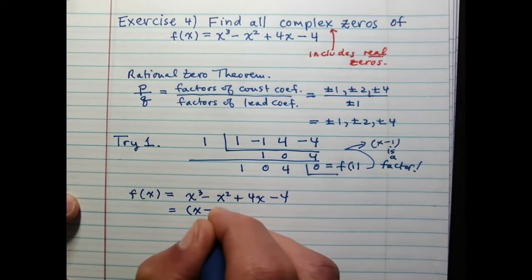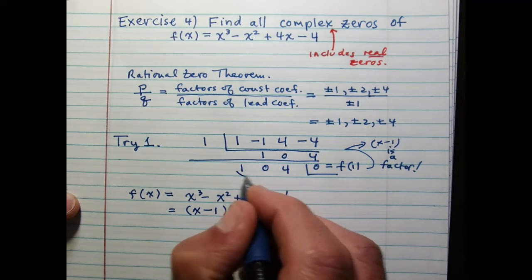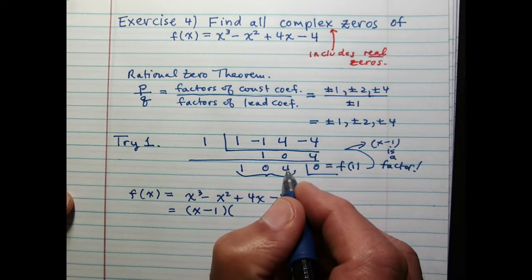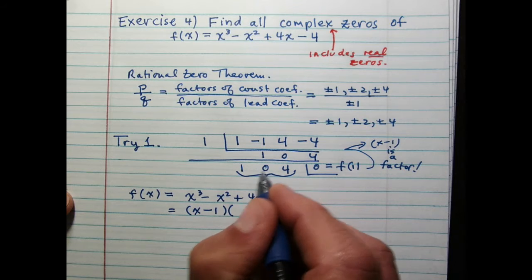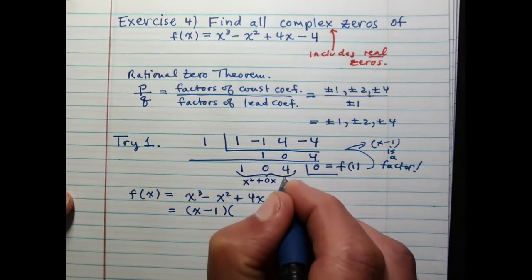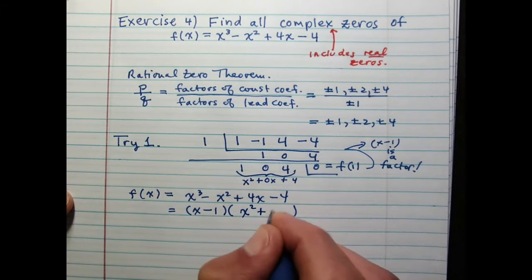And we know it factors into x minus 1 times the quotient that we got when we divided. So we have to read that off from our synthetic division. 4 is constant, 0 is x to the first, 1 is x squared. So this is x squared plus 0x plus 4, which is x squared plus 4.